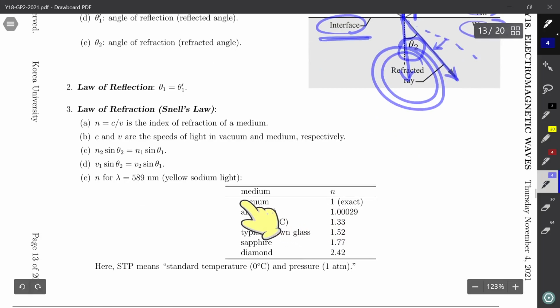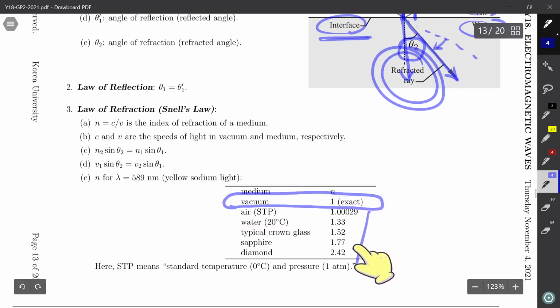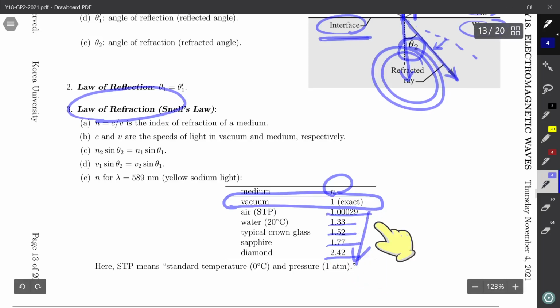In vacuum, the speed of light is fixed, but in a medium the ratio is called the index of refraction. The speed of light slows down when a medium is present, and depending on the medium, the rate changes.